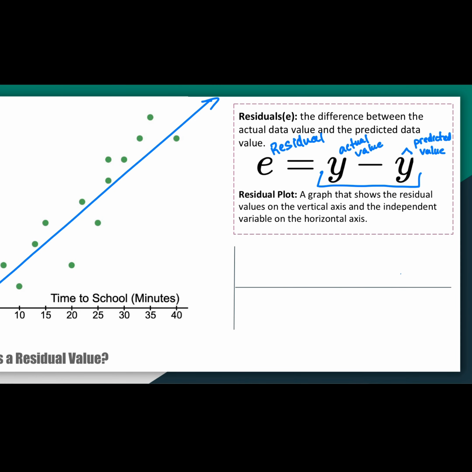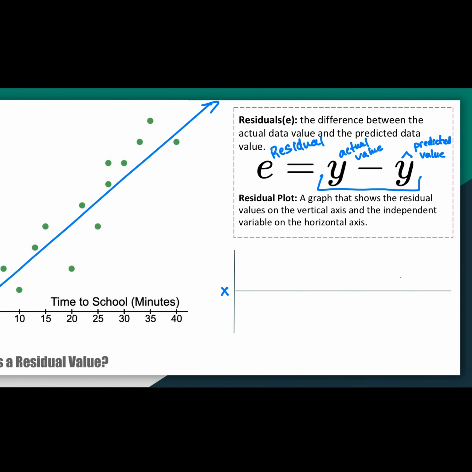But once we have that, in order to determine if it's a good model, we need to make what's called a residual plot. That is a graph that shows the residual values on the vertical axis and the independent variable on the horizontal axis. So the x, which is always our independent variable, goes on the horizontal line and the residual goes on this vertical line here.